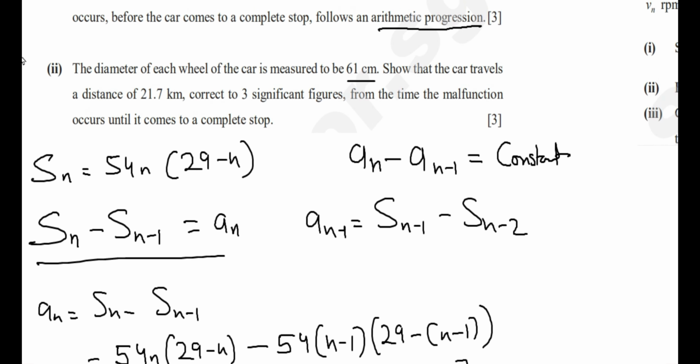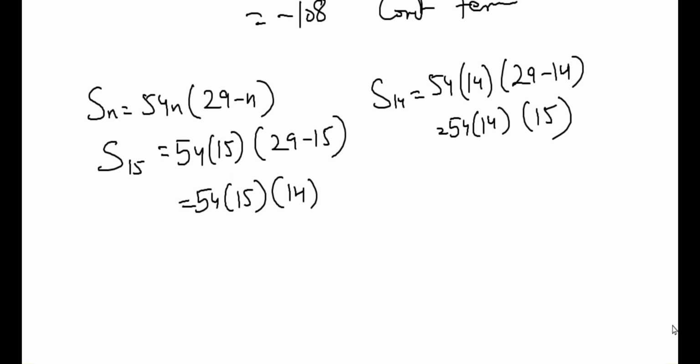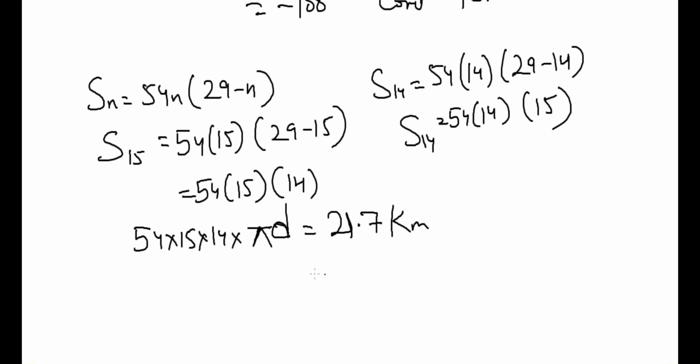As per the question, they are saying show that the car travels a distance of this many kilometers. So how many kilometers will it travel? The total number of steps is this, right? So 54 times 15 times 14 times pi d equals 21.7 kilometers, and the d value is 61 centimeter.